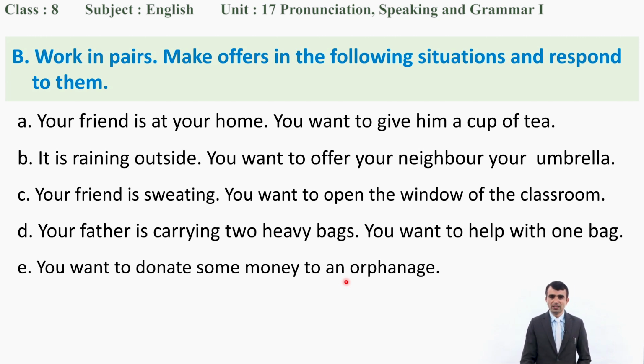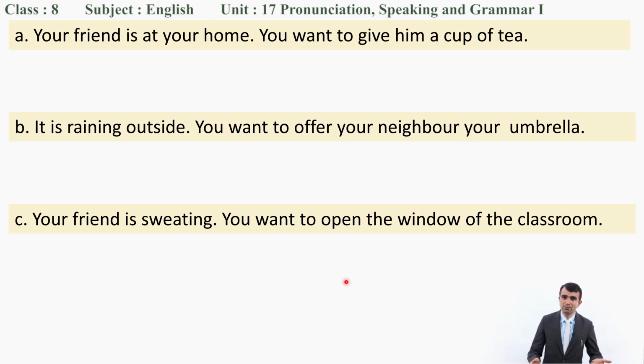Okay, now let's talk about them one by one. Well, here, first one, your friend is at your home. You want to give him a cup of tea. Quickly make one offer, please. Okay, using the structure, the way we studied before, you can make an offer quickly.